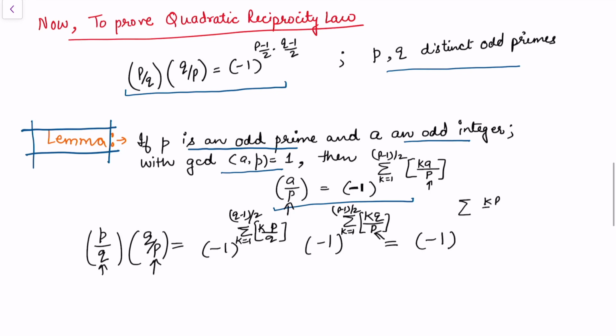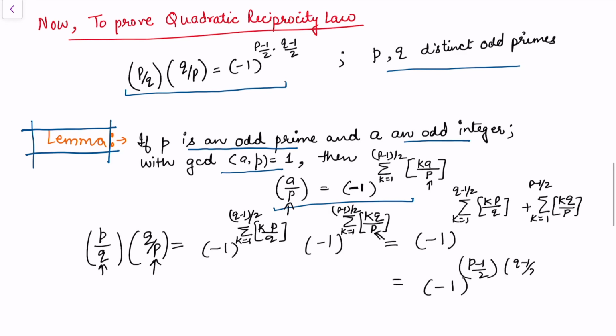So this is summation k p by q plus summation k q by p. Of course here k varies from 1 to q minus 1 by 2, and here k varies from 1 to p minus 1 by 2. And if I can show that this quantity is p minus 1 by 2 times q minus 1 by 2, I am done with the result. So with the help of this lemma, we can immediately prove the quadratic reciprocity law.